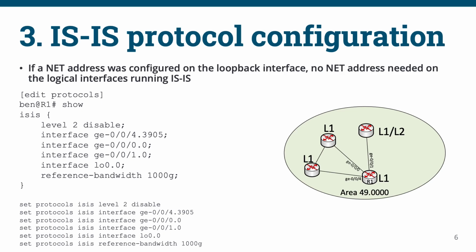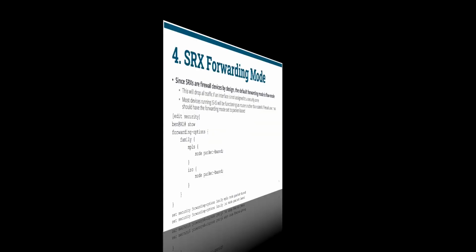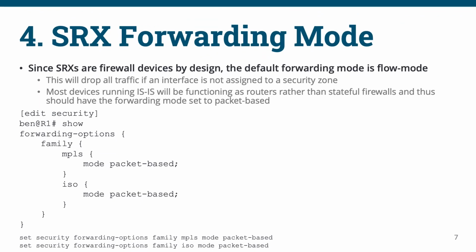The last step, though, that I want to cover is something that's needed on SRX devices, so that we don't need to explicitly allow the ISIS packets through the stateful firewall configuration. As we've covered several times before, since the SRX is a firewall, by default it ships with a configuration that enables stateful firewalling. This is called flow mode.